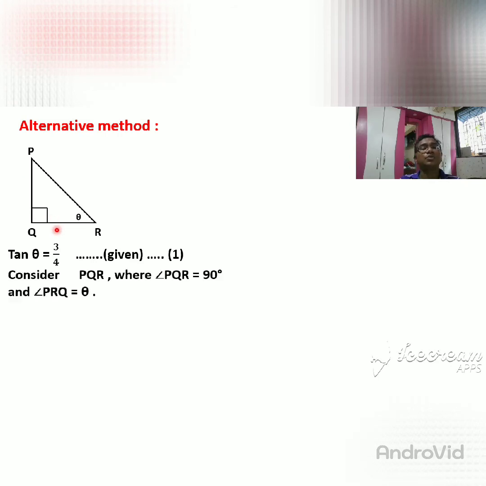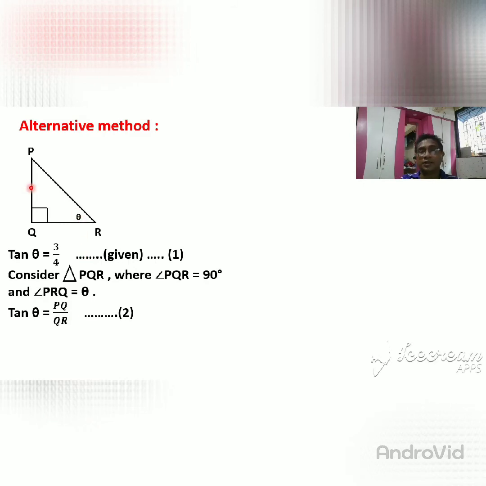So here we write that this is a right angle triangle. Triangle PQR is a 90 degree right angle triangle, and angle PRQ is the theta we are comparing. Tan theta means opposite is PQ and adjacent is QR. We remember it by the simple way OA, opposite and adjacent, with respect to theta.